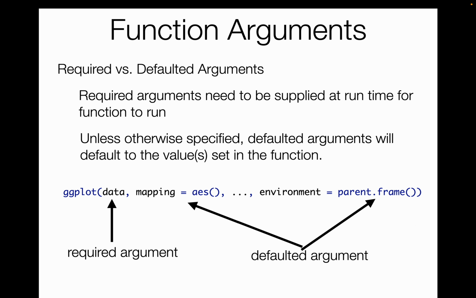And then environment equals parent.frame. So it means that if you run ggplot with just the data and no aesthetics, you just put the name of the data set, that function will run. It may not do what you want it to do, but it's going to execute. Okay, so required versus defaulted.